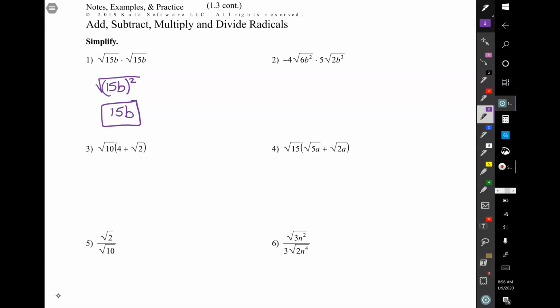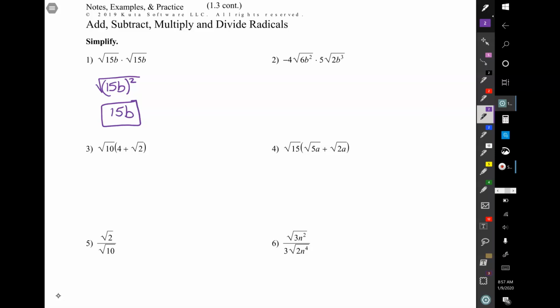So number 2 over here, we have -4 square root of 6b squared times 5 square root of 2b cubed. We can simplify things once we multiply them out, or we can see if there's anything that's easy to do ahead of time. It's up to you how you want to attack it. Sometimes you can't really simplify as well until after you multiply it out.